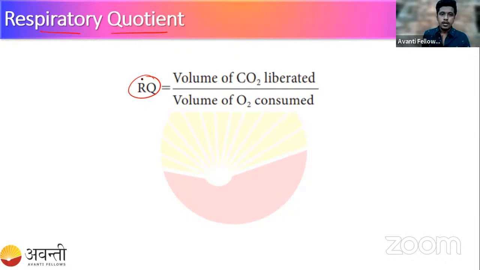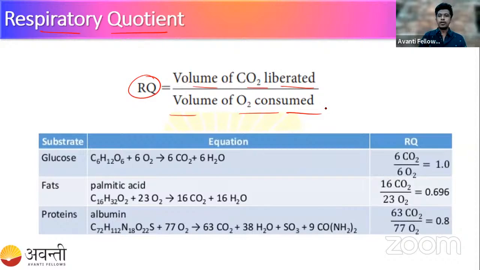For example, if I have to calculate the respiratory quotient of a glucose molecule, then the equation would be the volume of carbon dioxide liberated during the process to the volume of oxygen consumed during that process. That is nothing but respiratory quotient. Now, this respiratory quotient is a very important number, and a very important determinant to understand the characteristic feature of a substrate that is being used in the process of respiration.